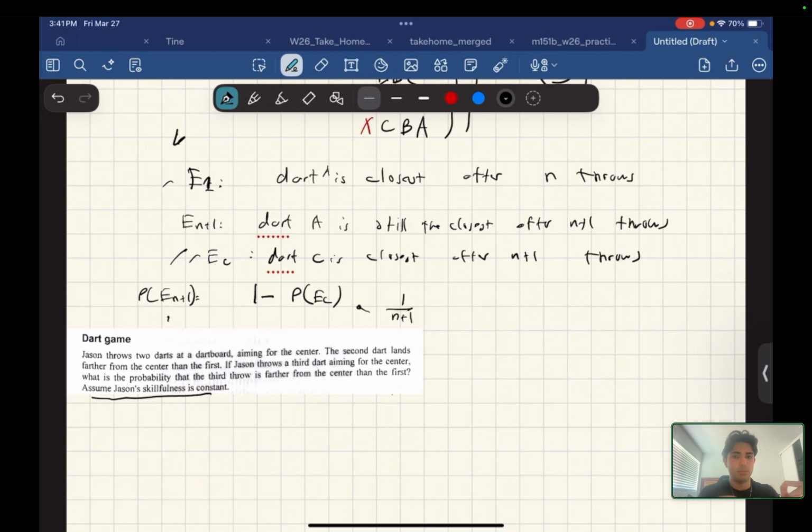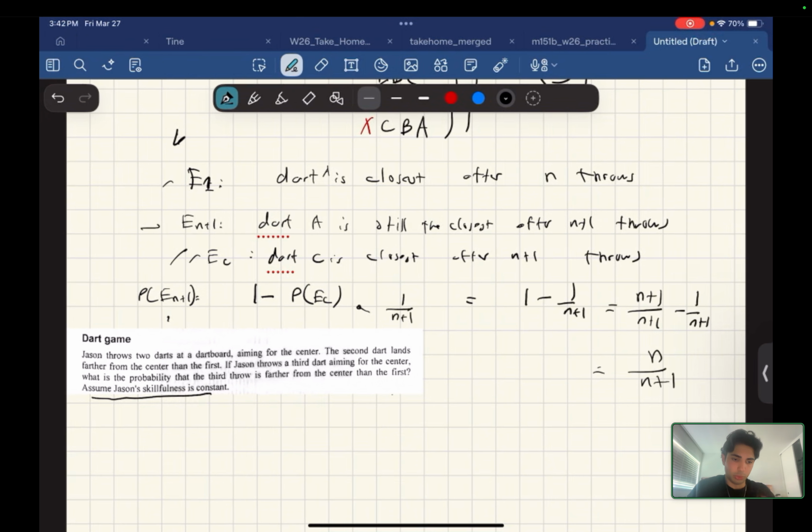The chance that any given dart is the best of 5 throws is 1 out of the number of throws we have. So event C has probability of 1 over n plus 1, and we're looking for this event E n plus 1, so we just compute this out. 1 minus 1 over n plus 1 equals n plus 1 over n plus 1 minus 1 over n plus 1, which equals n over n plus 1.